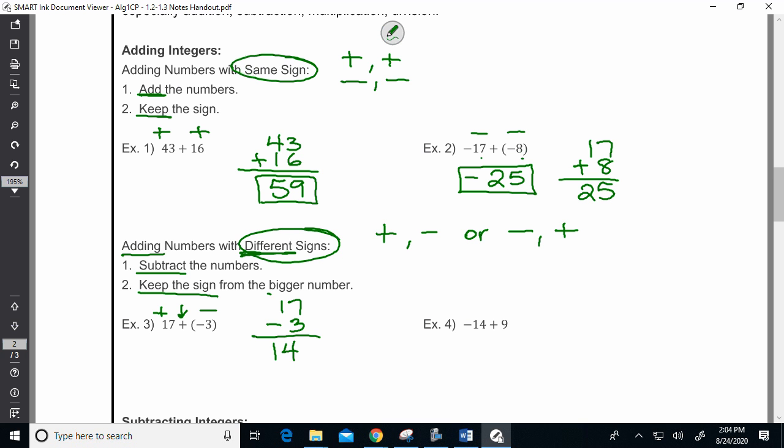But now we keep the sign from the bigger number. So you have a 17 and you have a 3. 17 is bigger. So that means this answer is positive 14. So positive because 17 is bigger than 3.